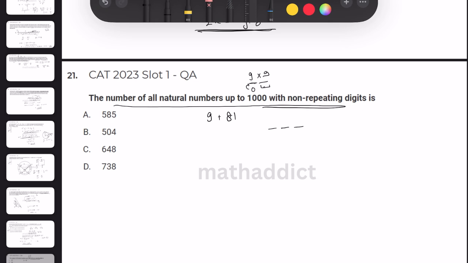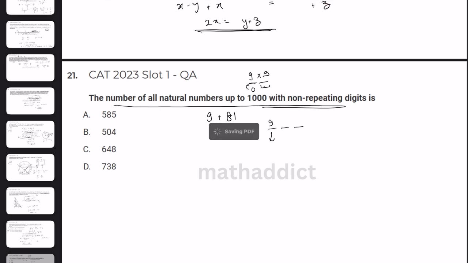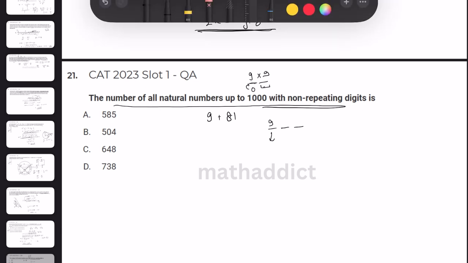and then similarly for 3 digits, I cannot keep 0 here, so I'll have 9 possibilities and 9 different cases. And in this I can keep any digit from 0 to 9, so these 10 digits minus the digit which I kept here, so again 9.